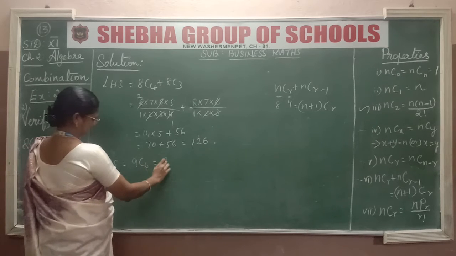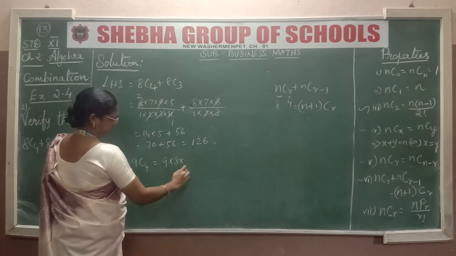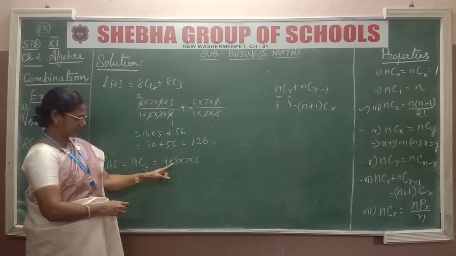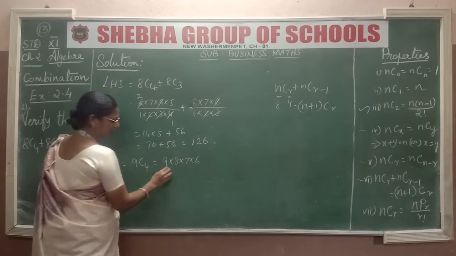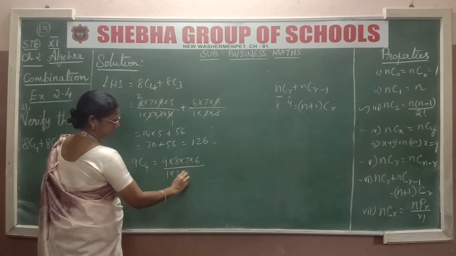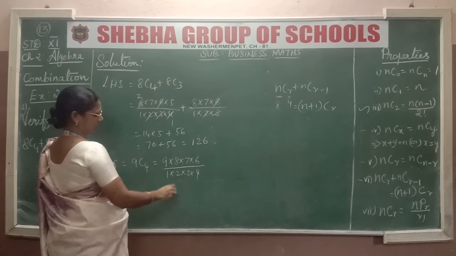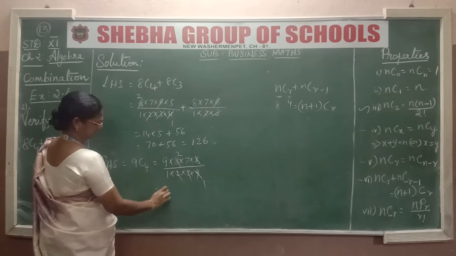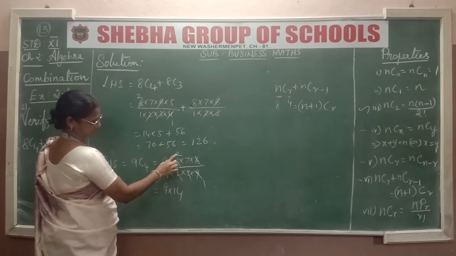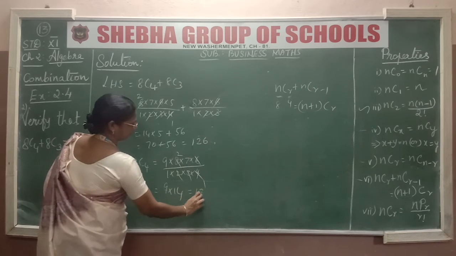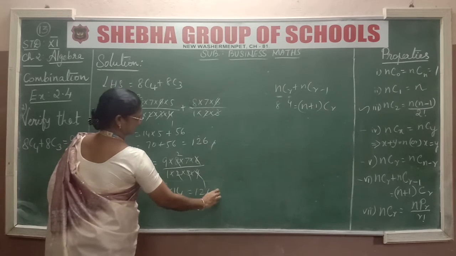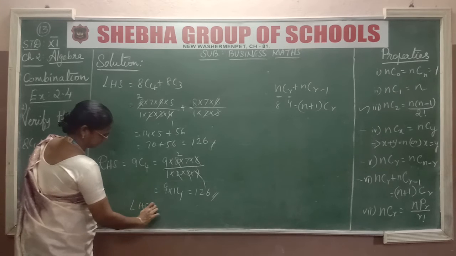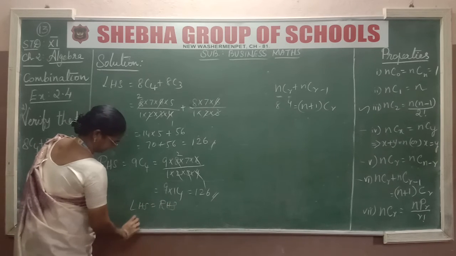That is 9 into 8 into 7 into 6, up to 4 terms, by 4 factorial. Now cancelling, 2 sevens are 14, 9 into 14, we get 126. This is 126, RHS also 126. Therefore our left hand side equals RHS. Hence we proved.